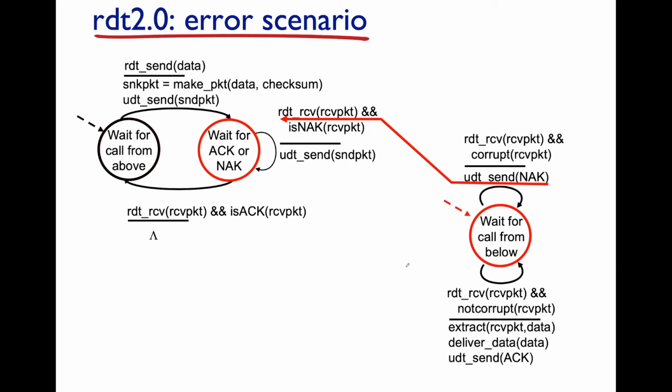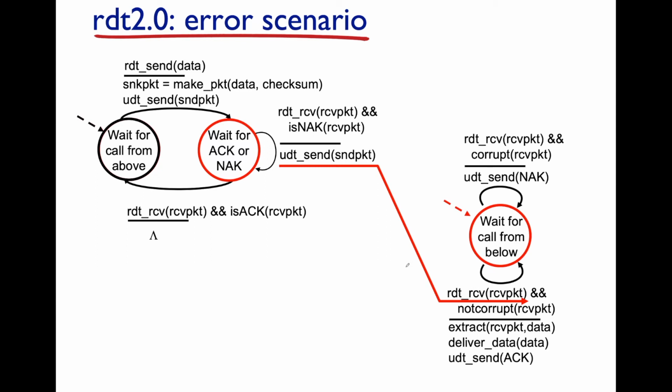There's another UDT send. So this UDT send is called, and that duplicate of the packet is sent across the wire. And let's assume that one is not corrupt. RDT receive is called at the receiver, and it checks the stored checksum with the calculated checksum. It finds that they are the same, so there's no corruption.